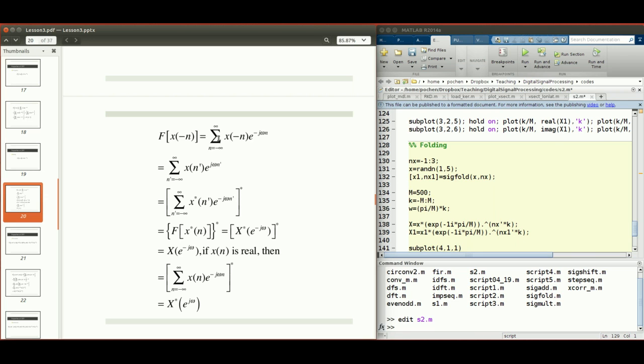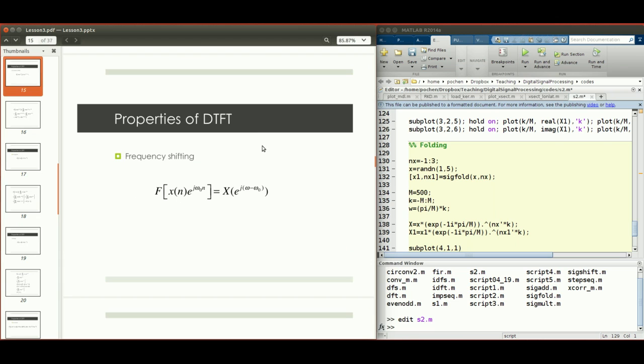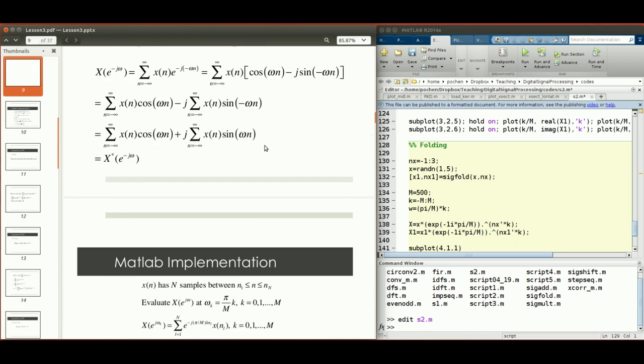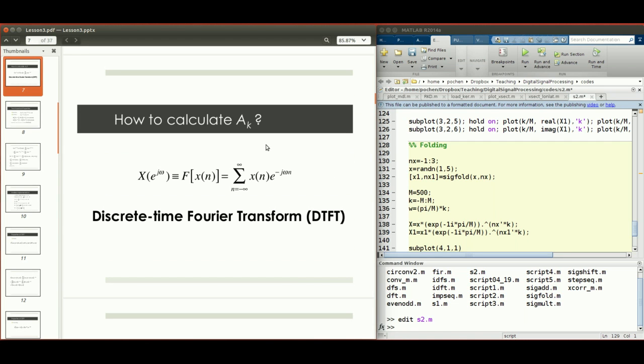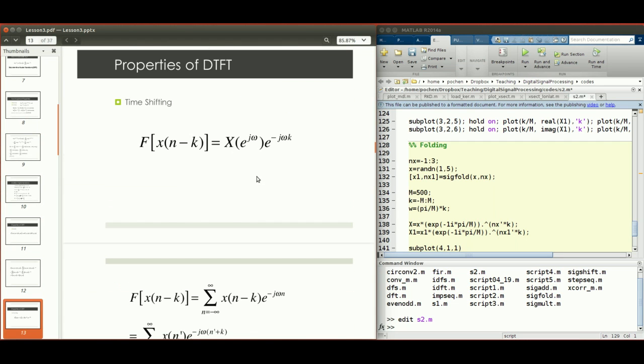So if you compare with the Fourier transform formula, what was the Fourier transform formula? Right, that's the Fourier transform formula: x[n], the input sequence, e to the minus j omega n, and then sum over n. But now the input signal is no longer x[n].